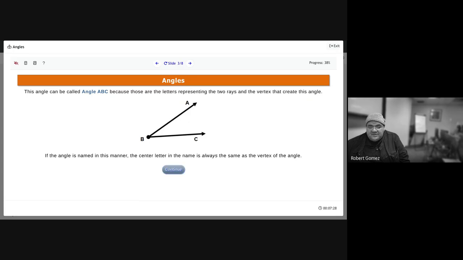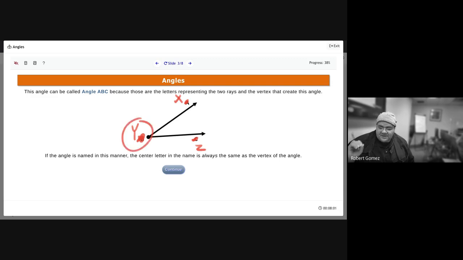Now, if the angle is named in this way, the center letter is always the same as the vertex. So for example, if we're going to name an angle, let's say this was X, Y, and Z. Remember, when you're writing the name of your angle, that Y is always going to go in the middle.